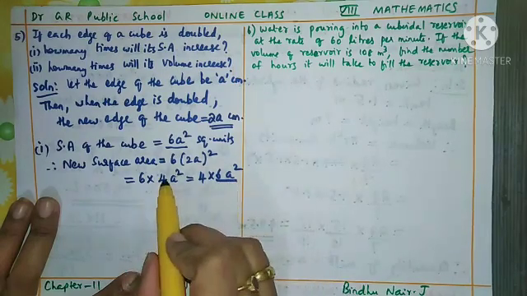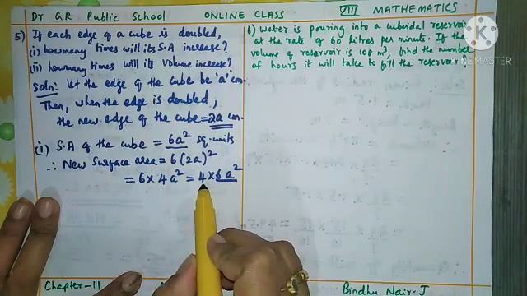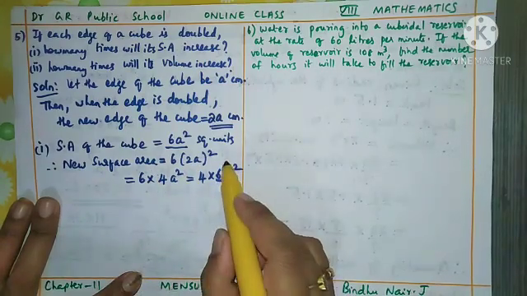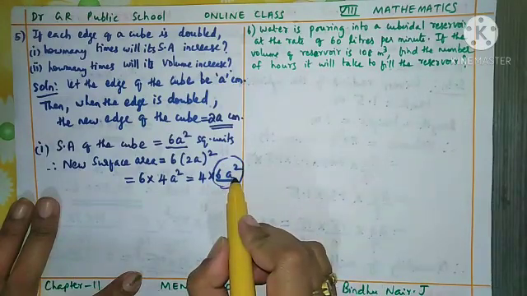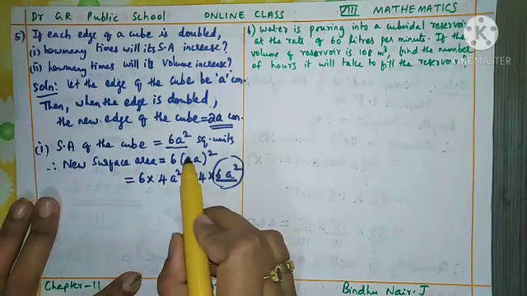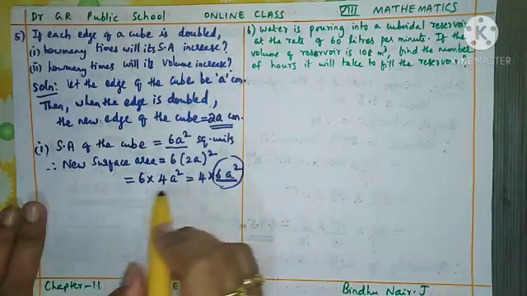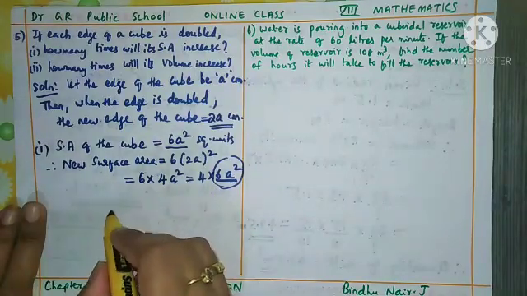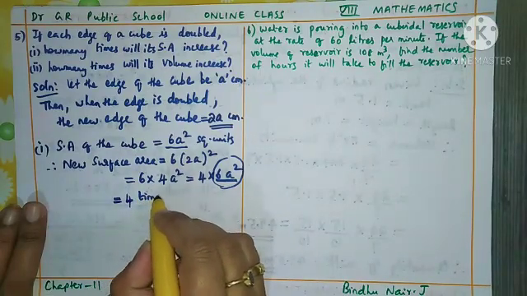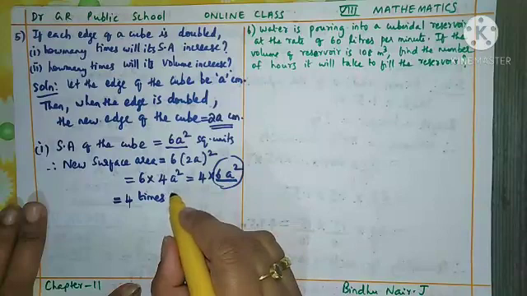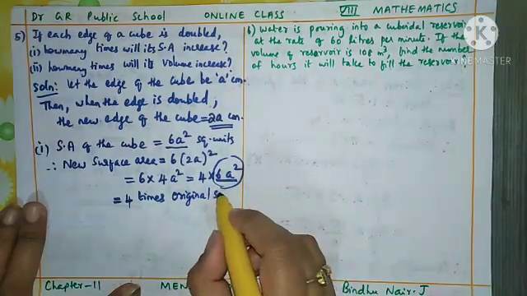So the meaning is, when the side is doubled, the surface area increases 4 times, because this is the surface area of a cube with side A centimeter. When the side is made 2A, it becomes 4 into surface area. So we can write this is equal to 4 times the original, that is the first surface area.